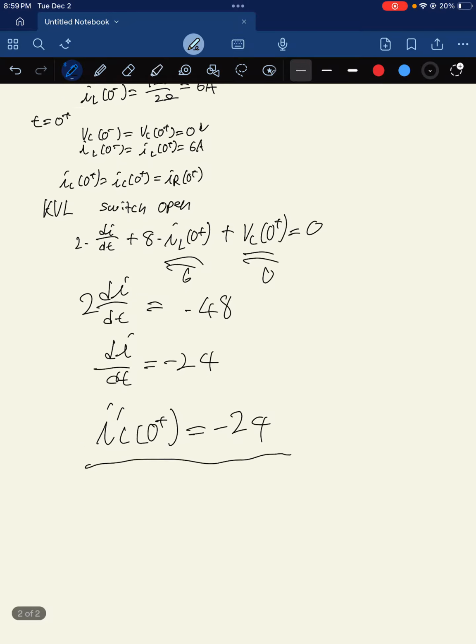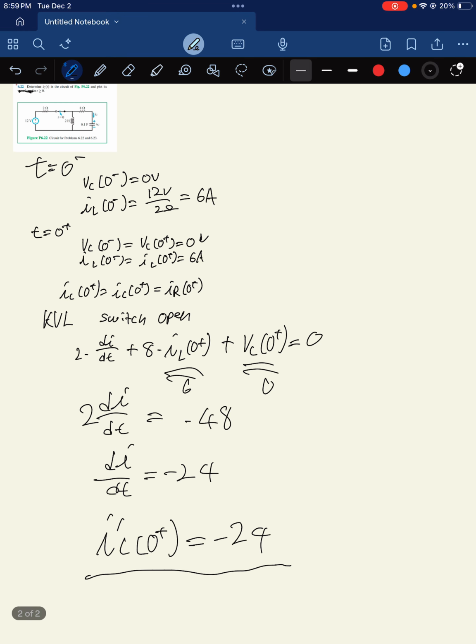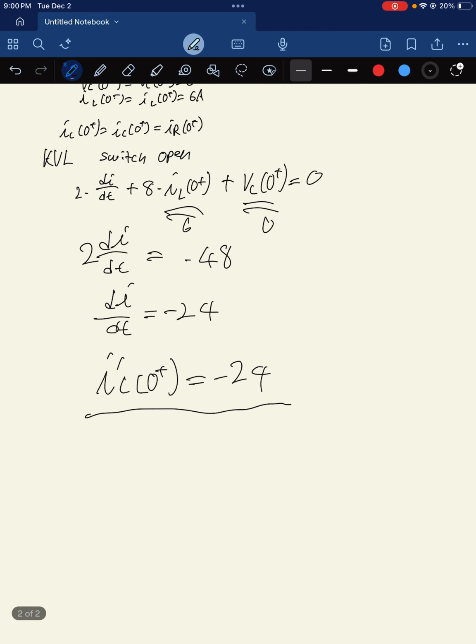Okay, now, since I already mentioned this is a series RLC, we're going to use the series RLC formulas. So alpha is equal to R over 2L, which is 8 over 2 times 2, equals 2.